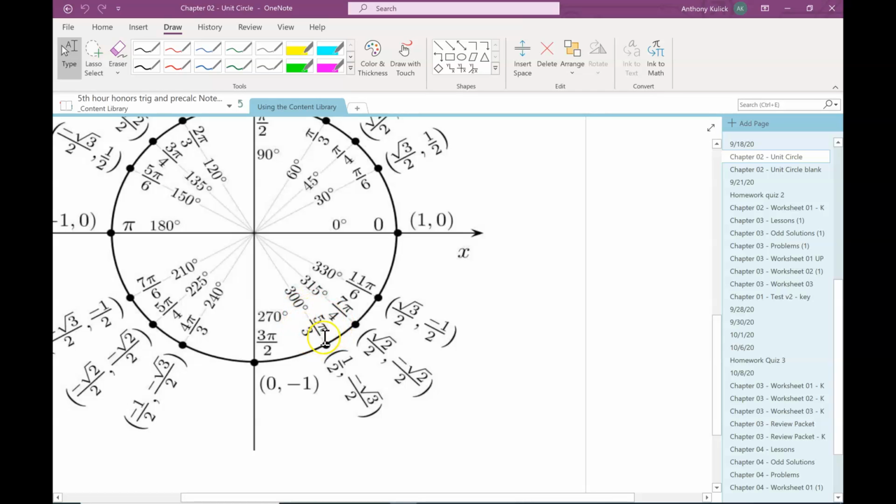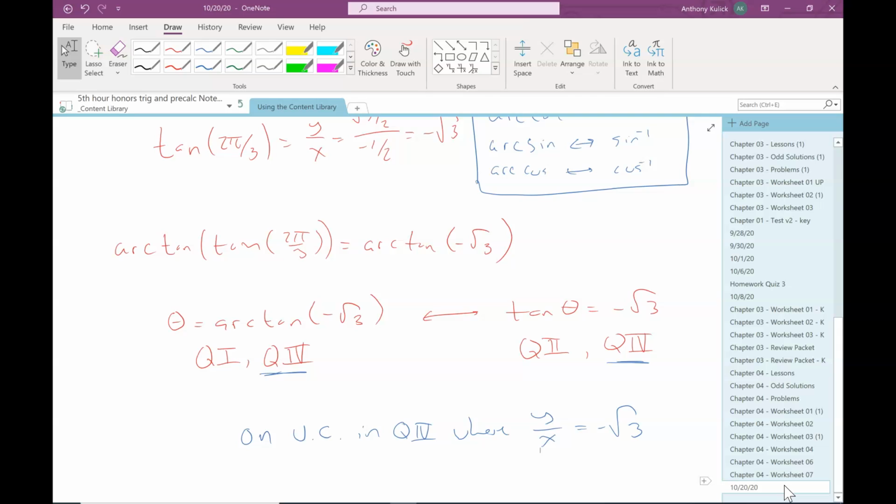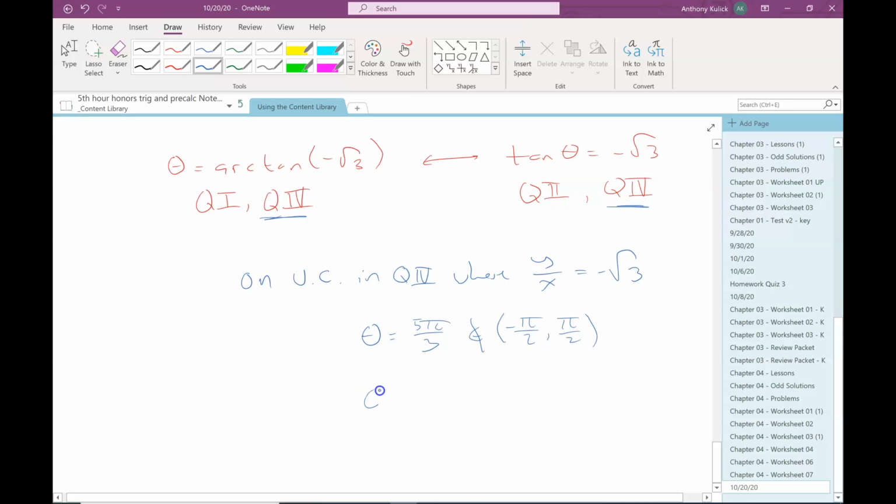So the angle measure that I need then is 5 pi over 3. What's the problem with that though? It's not in the range for tangent inverse. So we'll just find an angle coterminal to it. And there's my answer.